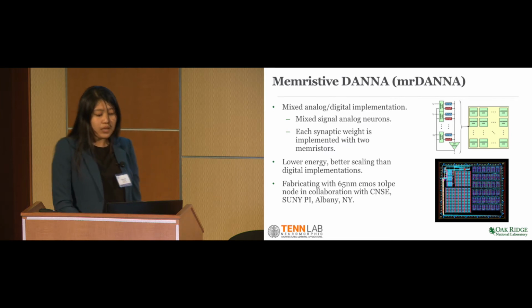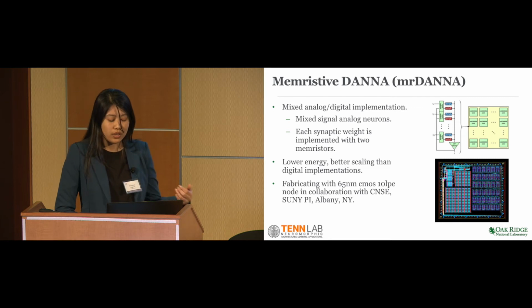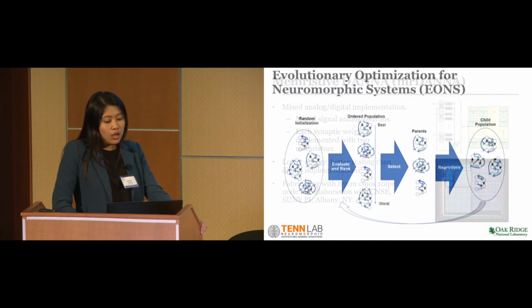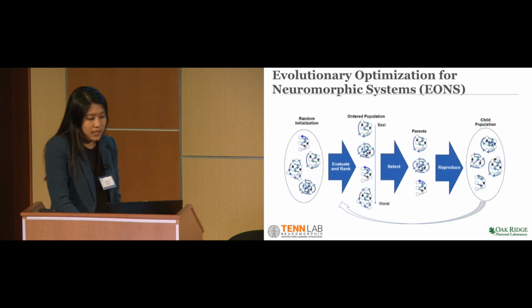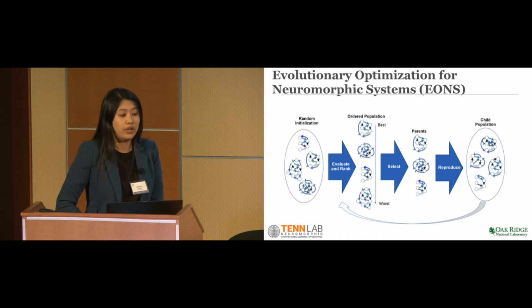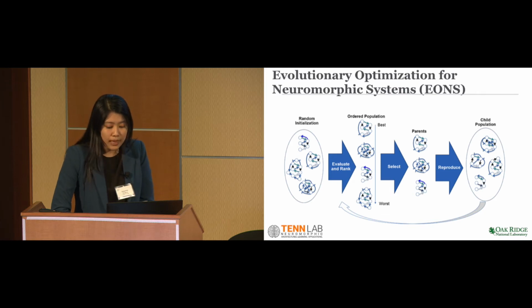Okay, now we know about our hardware, our neuromorphic architecture, and our neural network architecture. Let's take a high-level view and talk about how we are training our neuromorphic system. We have developed our own evolutionary optimization framework. We call it evolutionary optimization for neuromorphic systems, or EONS.